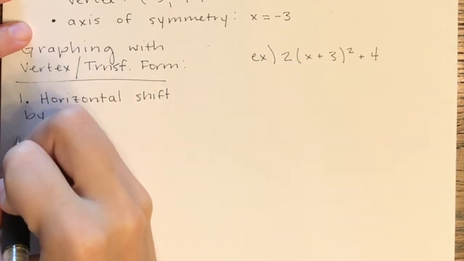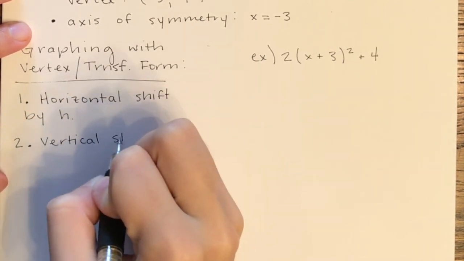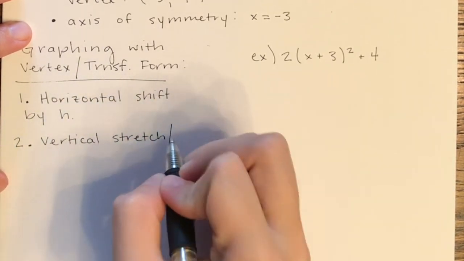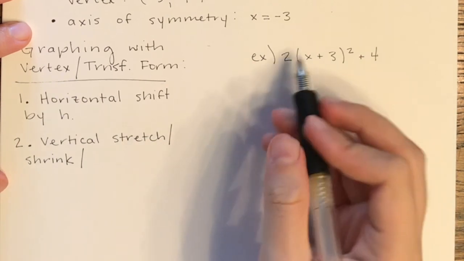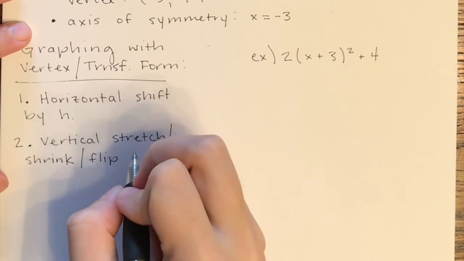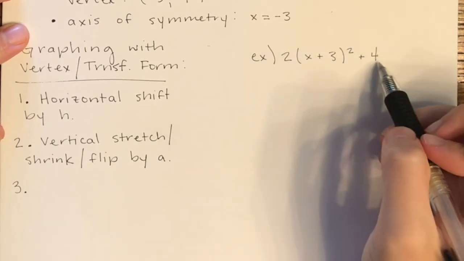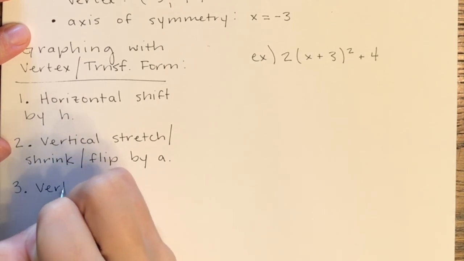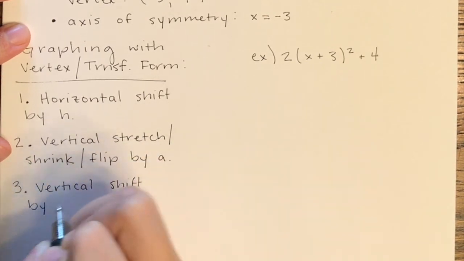So we have a vertical stretch or shrink, and possibly even a flip if we have a negative leading coefficient, by a. And then, last but not least, we have our addition on the outside. Addition on the outside is a vertical shift by k.